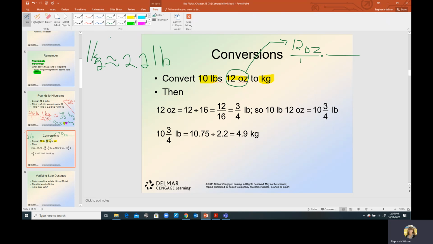And I know the relationship between 1 pound is equal to 16 ounces. So I need the 16 ounces on bottom here and the 1 pound on top. And what does that give me? It gives me 12 divided by 16, and it's in pounds.